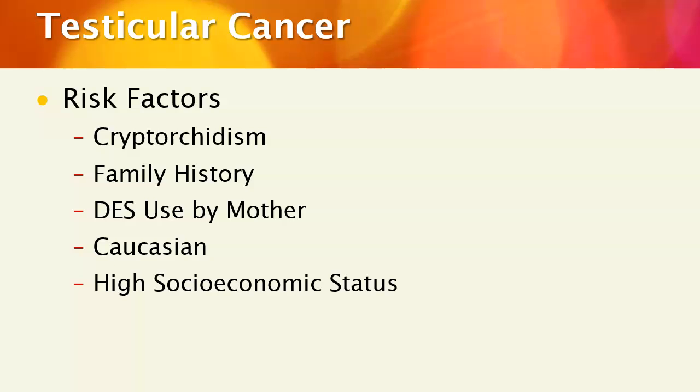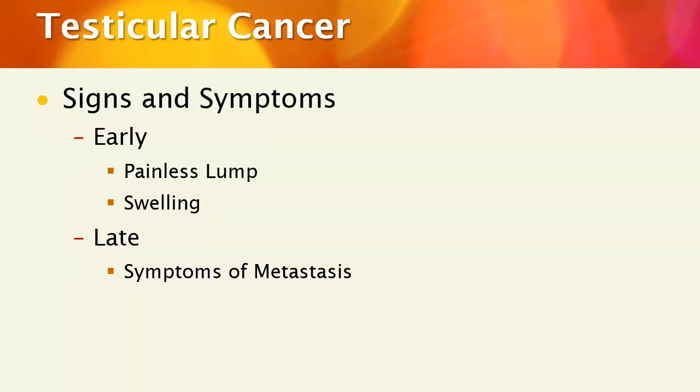So DES use is significant. And again, we don't see women using it today to prevent miscarriages, but it was something that was used several decades back and is still significant in terms of testicular cancer. Higher incidence among Caucasians, and also higher incidence among high socioeconomic status.